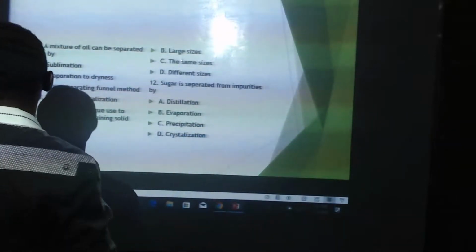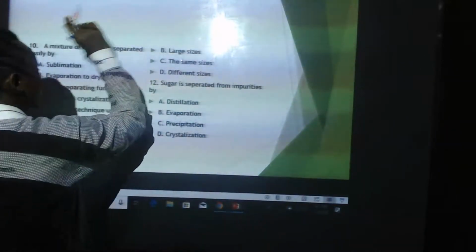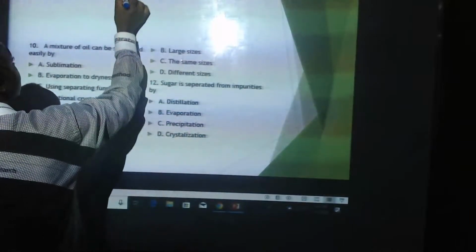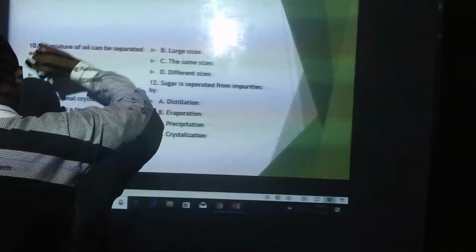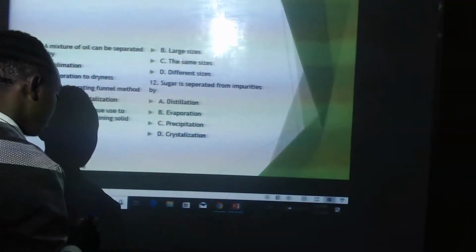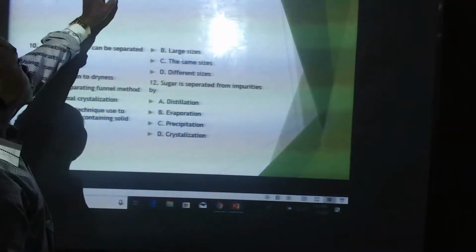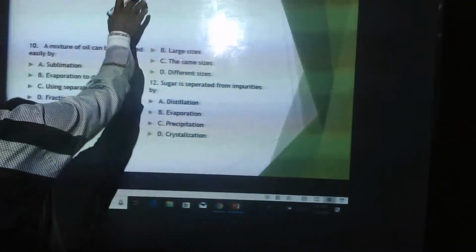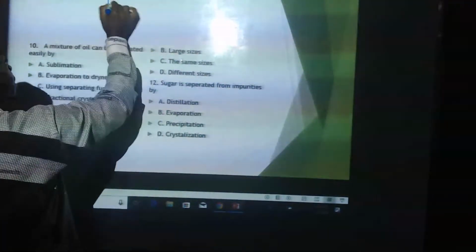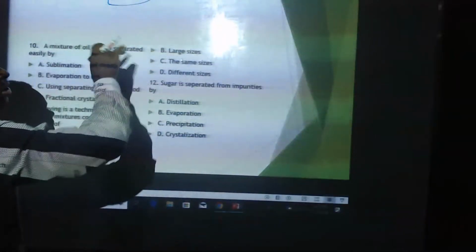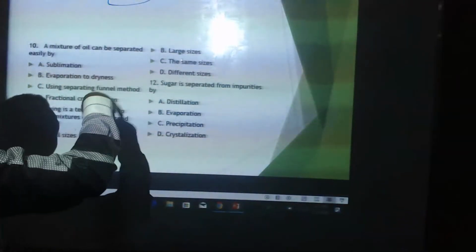Imagine they give you a question like this, a smaller one. They ask how many valence electrons the carbon has in this compound. This is very easy.